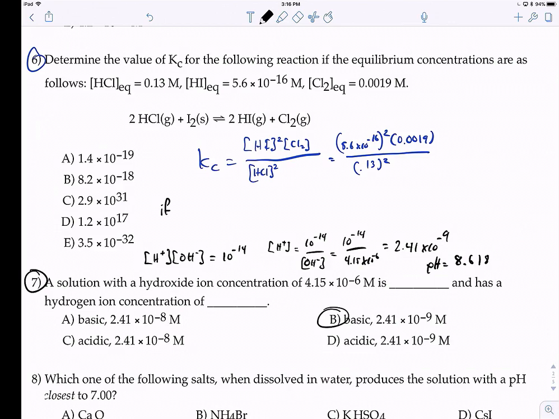So if the hydroxide ion concentration is greater than 10 to the minus 7, it is basic. If it is less than 10 to the minus 7, it is acidic. If it equals 10 to the minus 7, it's neutral.